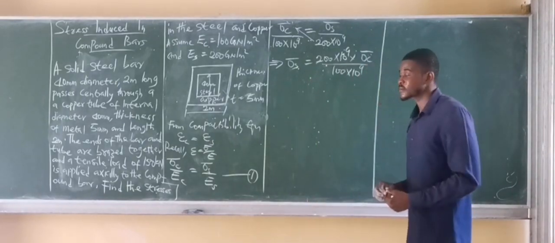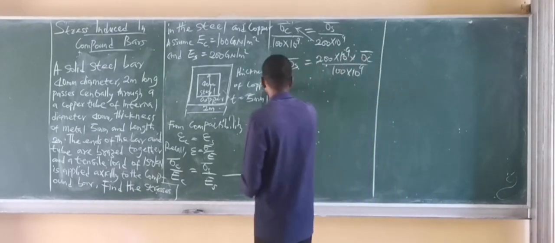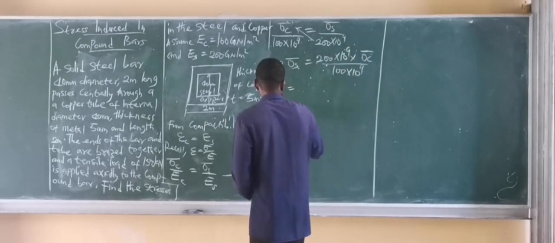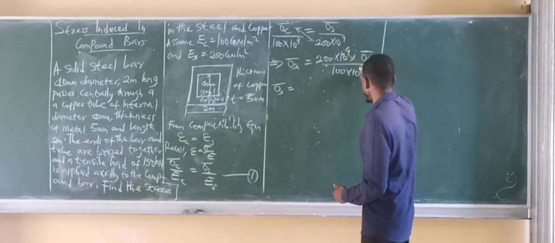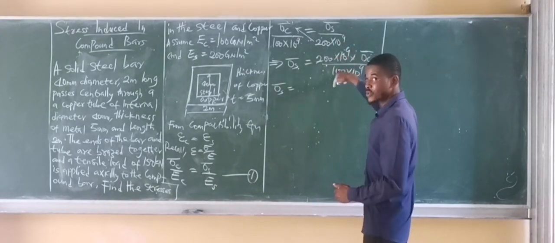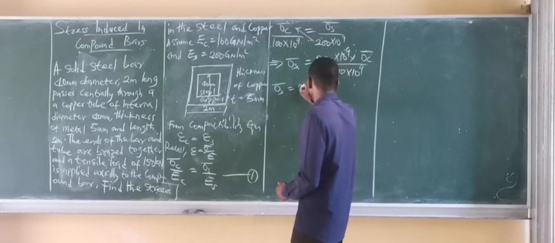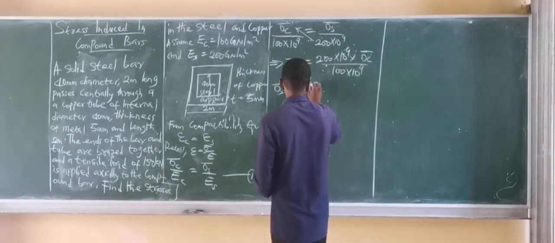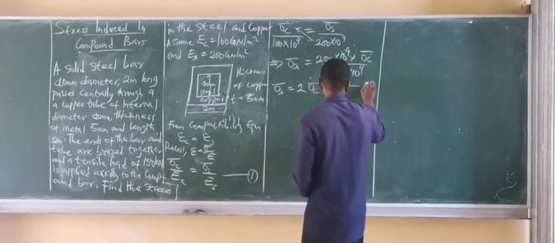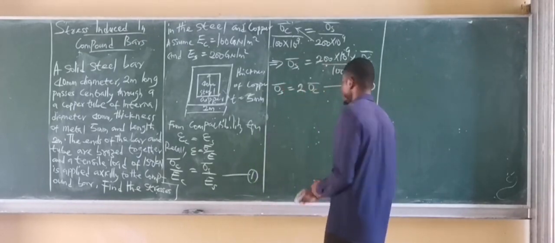Is that clear? Yes, sir. So 200 divided by 100 will give us 2. So this is actually 2 times sigma copper. Call this equation 2.